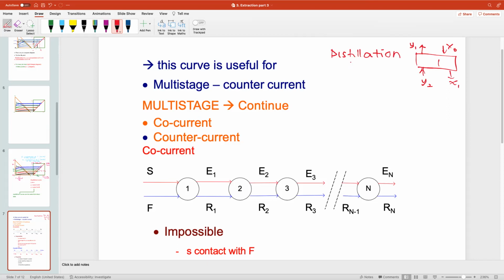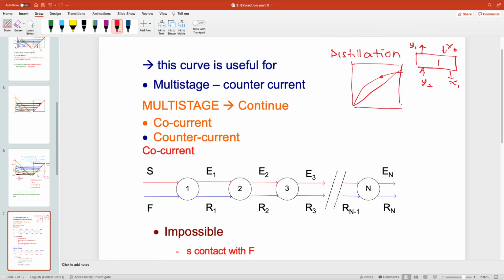Okay, and if you remember, in the distillation you have the graph, and then you also have an equilibrium, and these points in the distillation tell you about the correlation between the x and y.